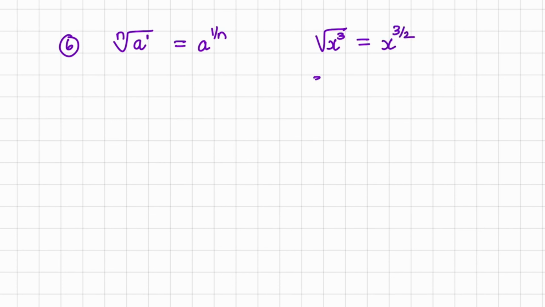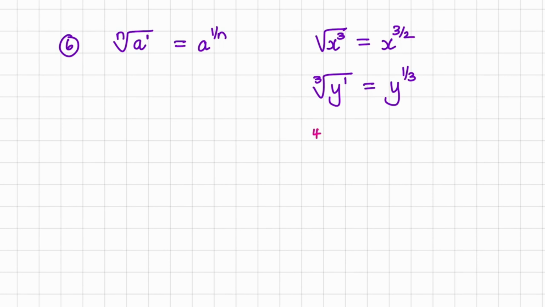Or if I have the cube root of y to the power of 1, or just y, that would be the same as saying y to the power of 1 over 3. So in the case of the square root, the root index is 2, and we divide the exponent on the inside by 2. And in the cube root, we divide the exponent on the inside by 3. And this would be valid for any other form.